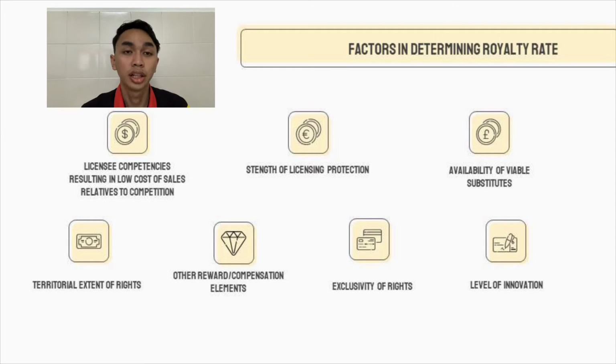Okay, there are 11 factors that determine royalty rates. The first one is licensee competencies resulting in low cost of sales relative to competition. This factor is more focused on the competition between licensees when they want to make a deal or get a royalty rate from the licensor.